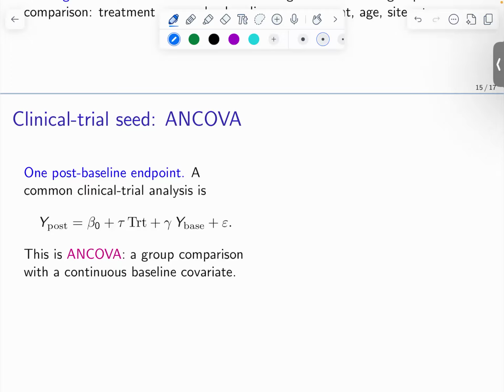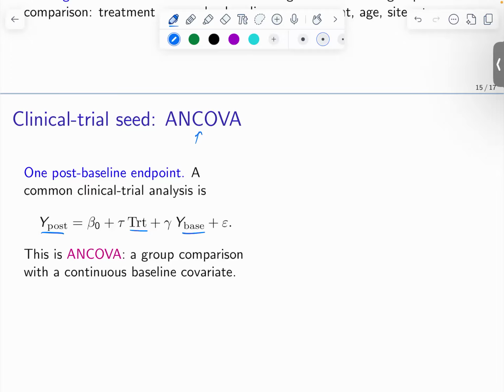You give a drug to someone and measure before and after. Before is the baseline, treatment is a binary variable, whether you give them the drug or not, and then the after is the post-baseline. You just regress the post-baseline onto the treatment and the baseline. This is called ANCOVA, analysis of covariance, like ANOVA. It's really nothing fancy, it's just because there is a covariance between the two of these variables.